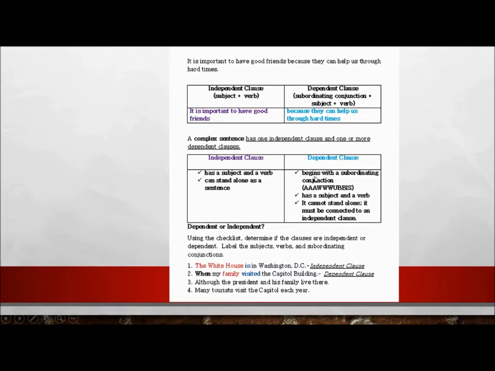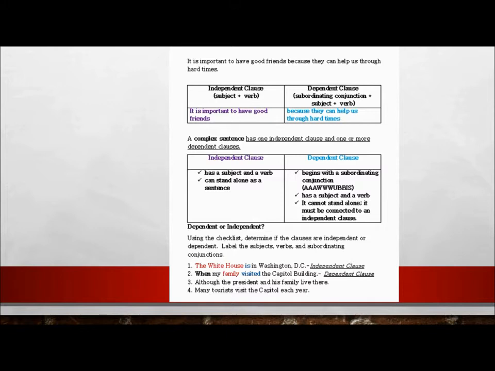Remember, the dependent clause begins with a subordinating conjunction. Although, is that a subordinating conjunction or also an AWUBIS word? Yes, it is. So that satisfies one criteria from the dependent clause checklist.